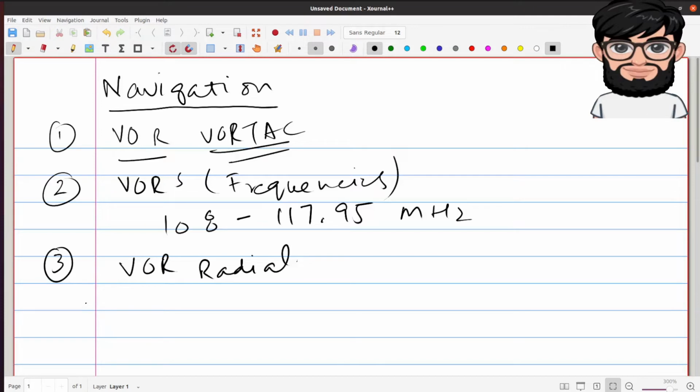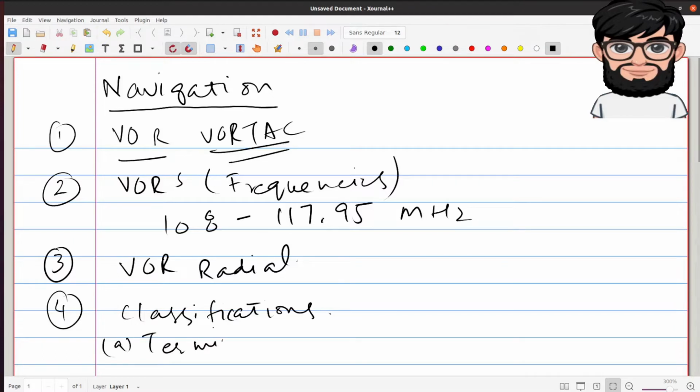Another thing about the VORs is their classifications. They are classified as terminal, and low, and high.